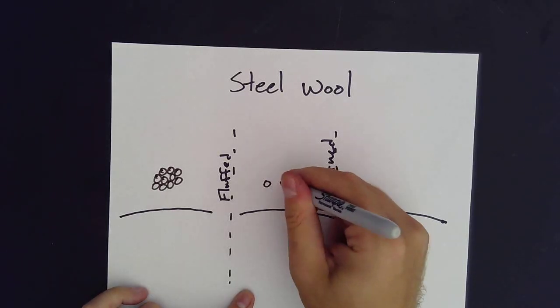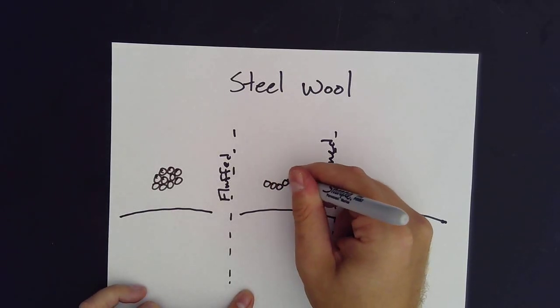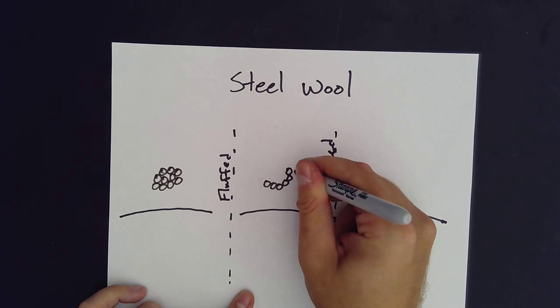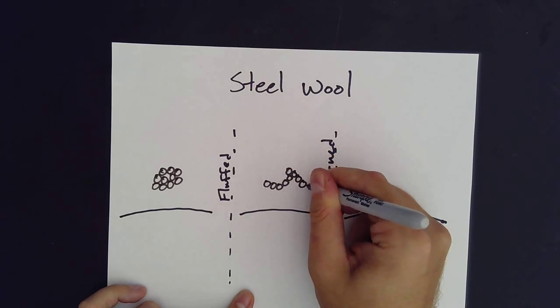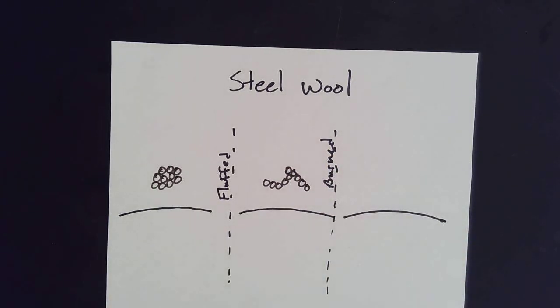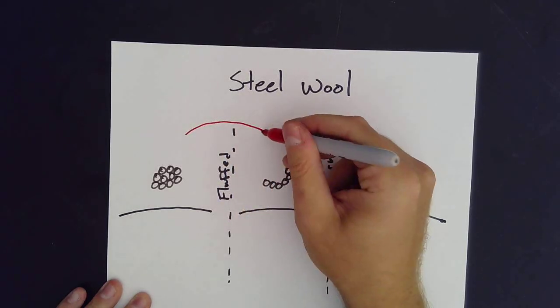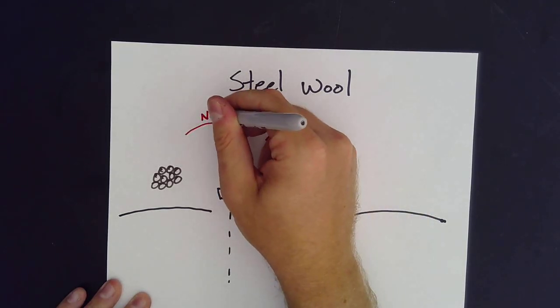I moved it away. I pulled them apart. So we still have the same amount. We just now have them in a more spread out fashion. So again, nothing has left. So in this particular piece, no change.